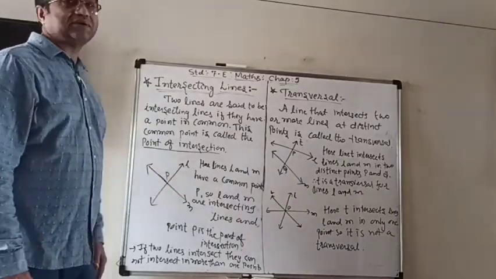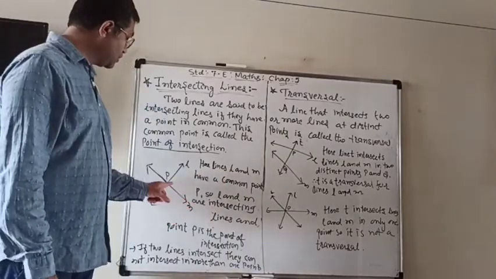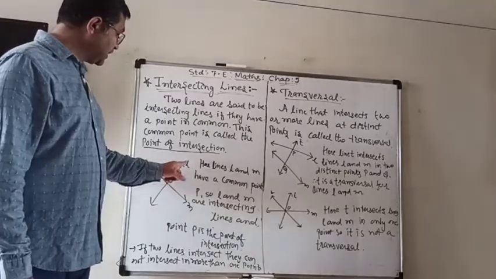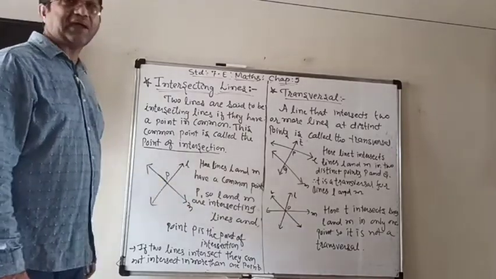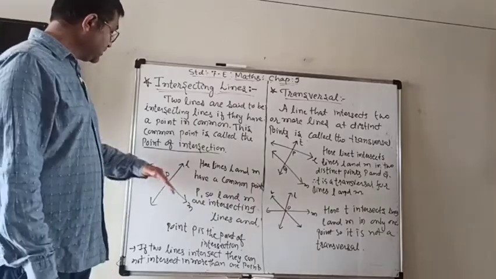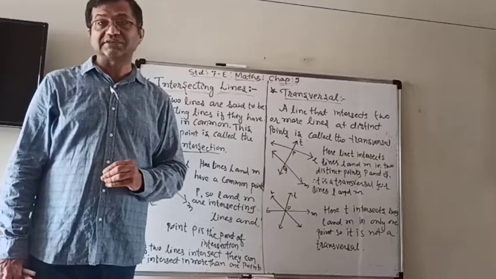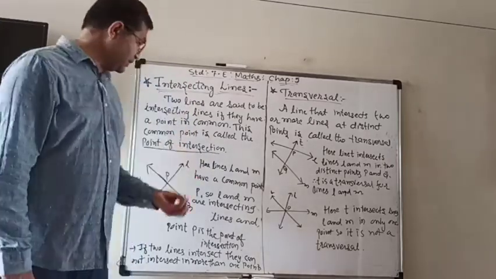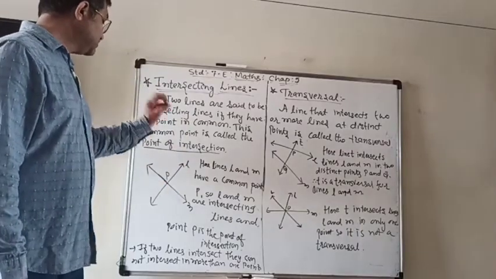Here you can see that the lines L and M have P as a common point, because P lies on the line L also, P lies on the line M also. It means that L and M are intersecting lines, and the common point is P. So point P is called the point of intersection.